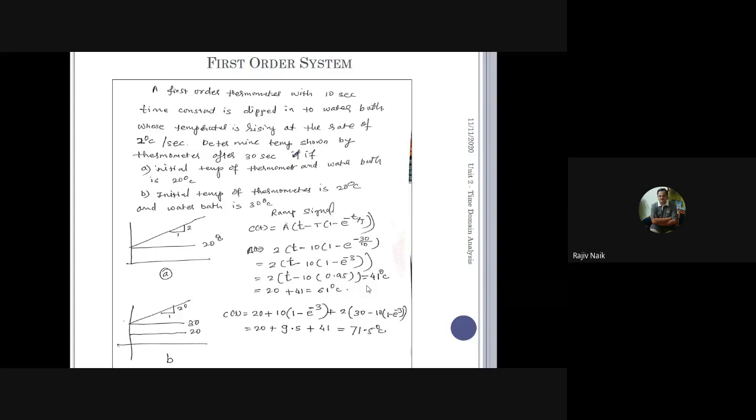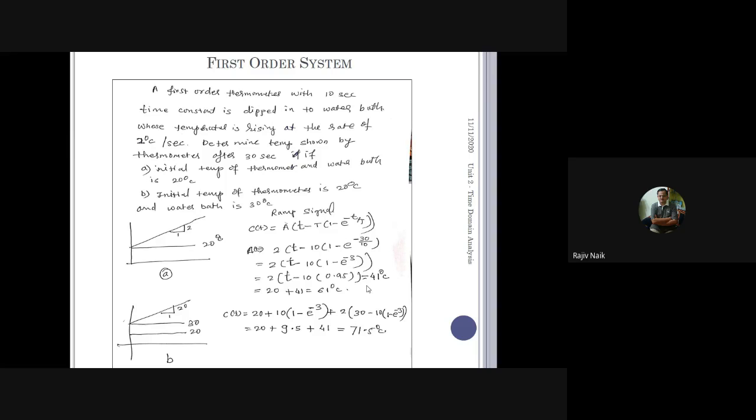But if it is continuously rising with time, then the thermometer always lags behind by an amount equal to the time constant. In those 10 seconds, how much is the size of the ramp? If the size of the ramp is 1, then it is less by 10. If the size of the ramp is 2, then less by 20. If it is 3, then less by 30 degrees, like that, if the time constant is 10 seconds.